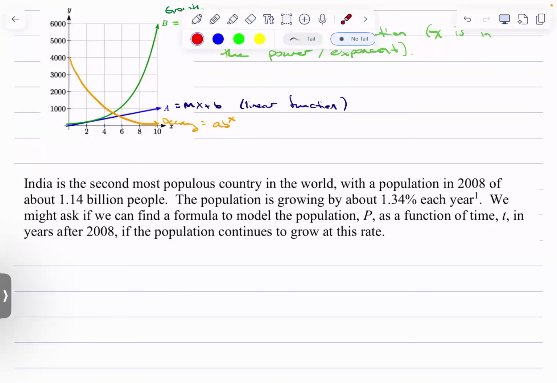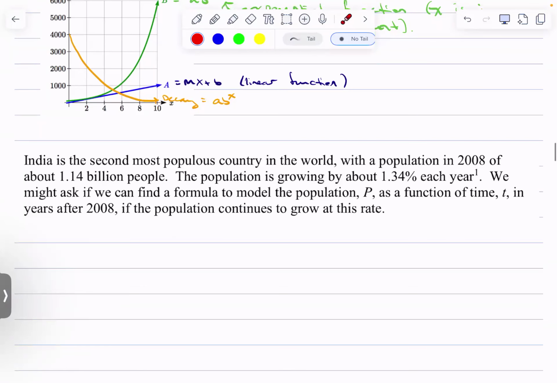These numbers are from 2008, which is now a long time ago, I guess. Remember it like it was yesterday. But when we talk about exponential functions, we're often talking about populations, right? India is the second most populous country in the world, with a population in 2008 of about 1.14 billion people, which is a lot.